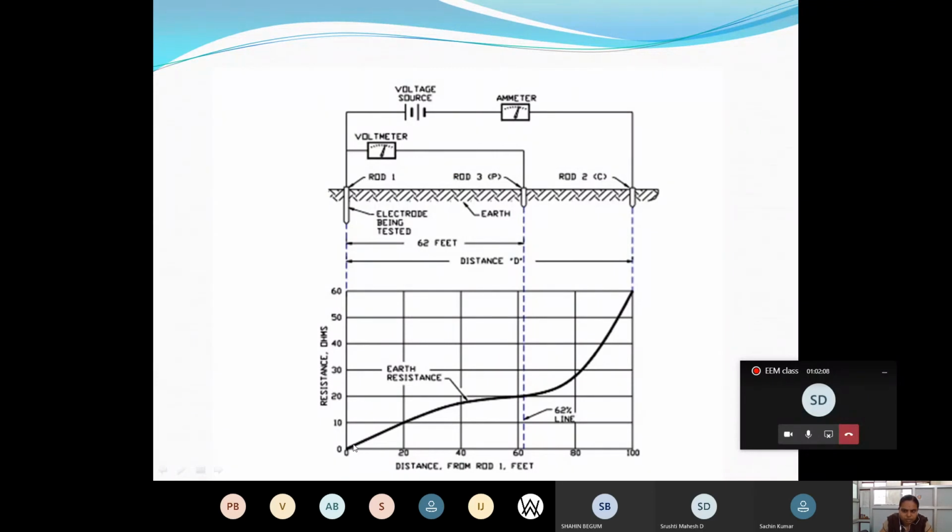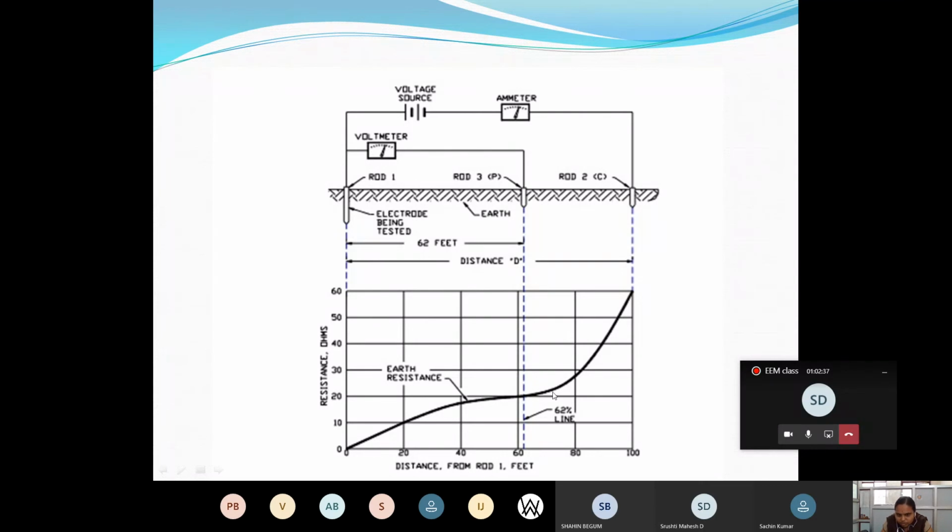If I take this electrode near to the earth electrode, it is nearly increasing as the position changes from the earth electrode towards the other electrode. It's going on changing. Observe the graph and also the arrow, it's going on changing, and here it's going to be a small constant.